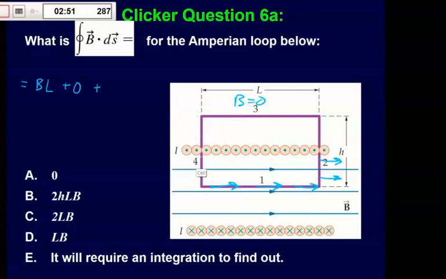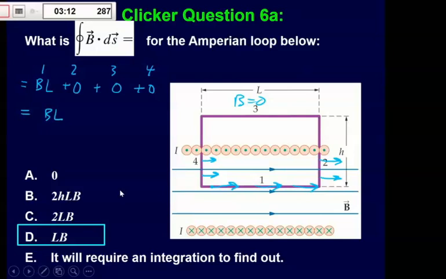And coming down here, I'd have the same kind of situation. So what we'll end up having is 3 contributions, from 2, 3, and 4, which are all 0. I'd end up with just this piece here, B times L, or L times B, whatever you want to call it. Questions on that, anybody?